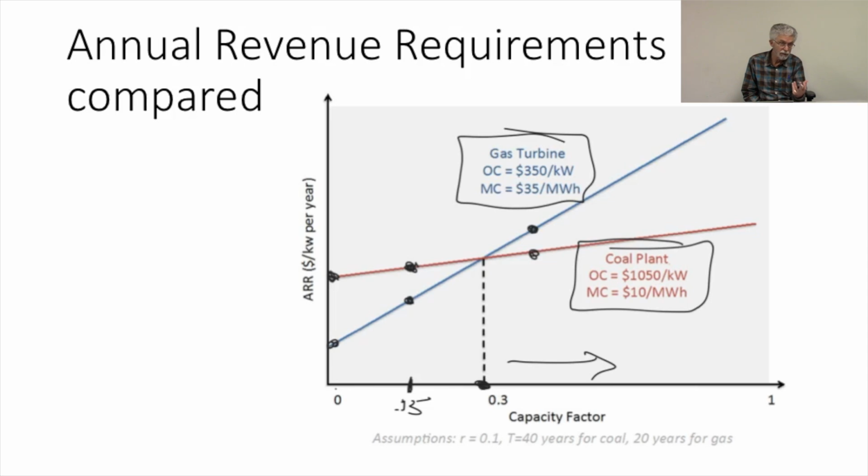But if the duty cycle is going to be lower than 30%, you would want to build a gas turbine. And the annual revenue requirement actually allows you to compare these different types of plants depending on what your needs are in terms of meeting an increment of electricity demand. If this is just going to be a peaking plant and have a very low capacity factor, its annual revenue requirements will be low. You would choose a gas turbine compared to a coal-fired power plant.